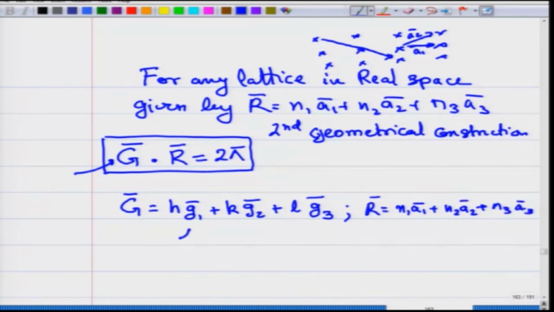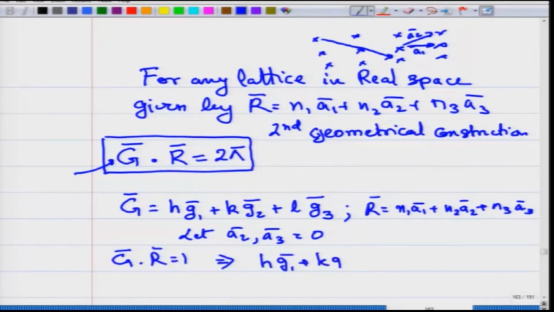Now let us say a2 and a3 are equal to 0. Okay. Then what does this condition mean? g dot R equal to 1 implies h times g1 plus k times g2 plus l times g3 dot n1 a1 is equal to 1. You just put in a2 equal to a3 equal to 0 and put it back here. This is your condition.